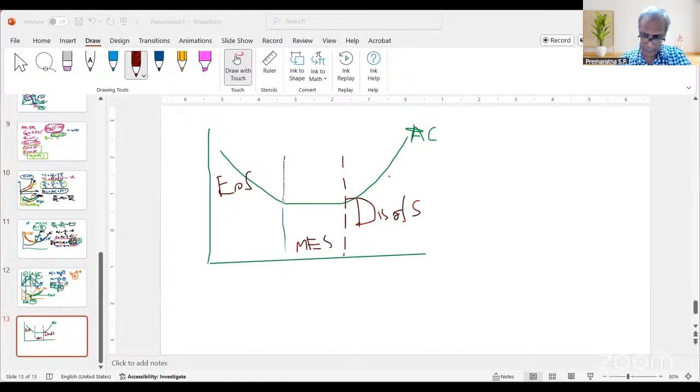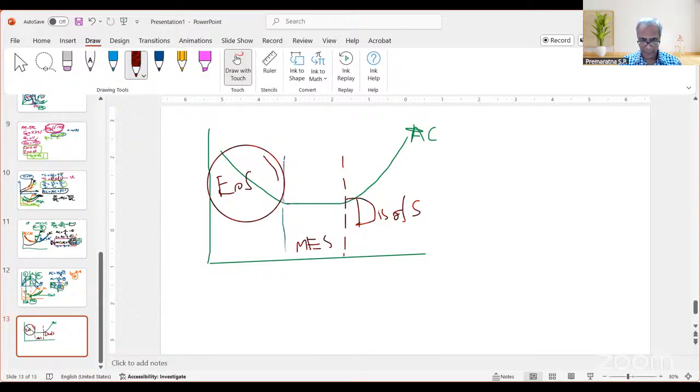Now let's say the firm gets the economies of scale. What does that mean? When the firm expands to a certain level, the unit cost is reducing, certainly.